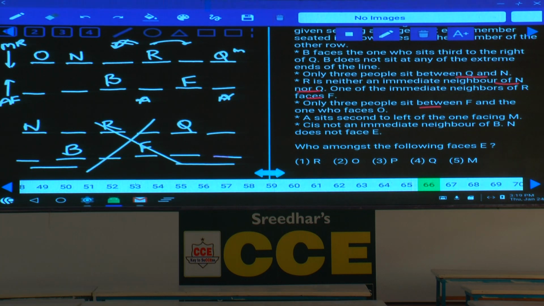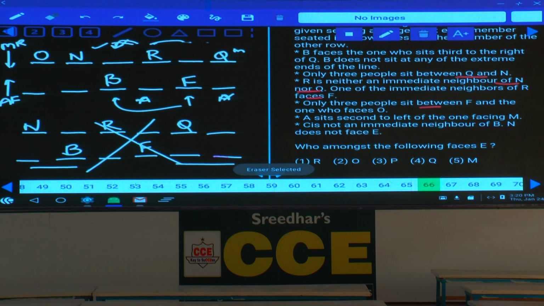Then what is the only possibility here? If you take M at this place, M can be either here or here, there are only 2 possibilities. If you take M at this place, opposite to M is F and second to the left hand side of F must be A. But as B is there, that is not possible, which implies that M cannot be at this place.